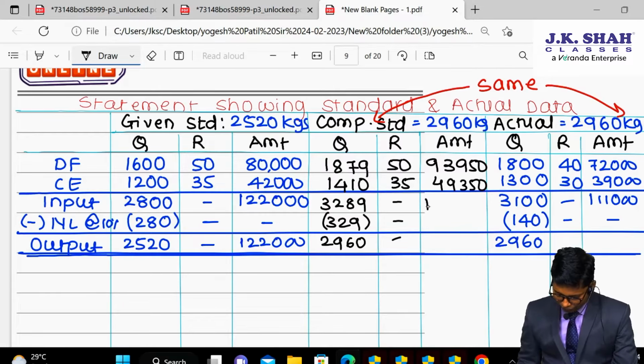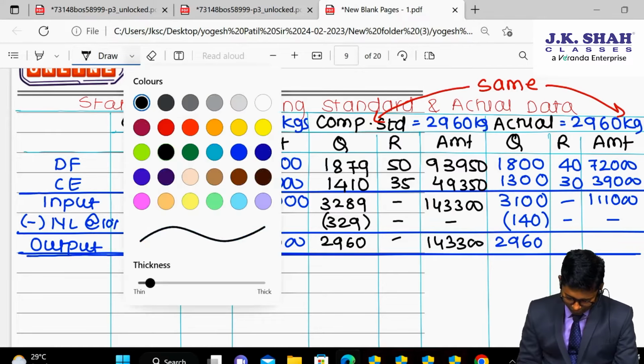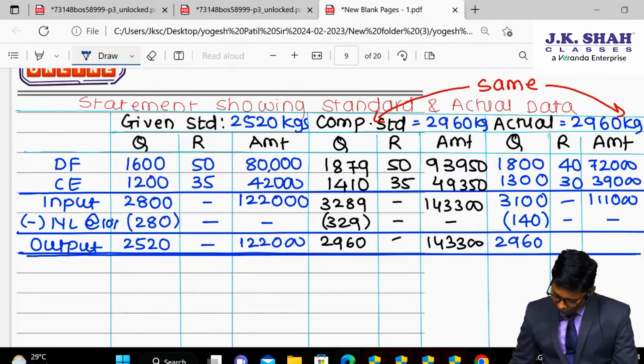This will give you 143,300, and the same value I am putting in my final column because scrap value is not available anywhere. 111,000 is the actual level.